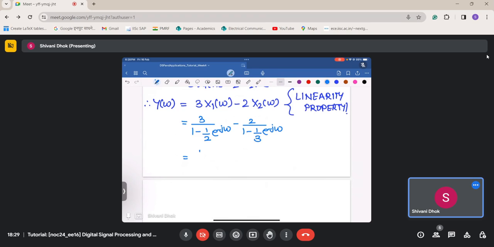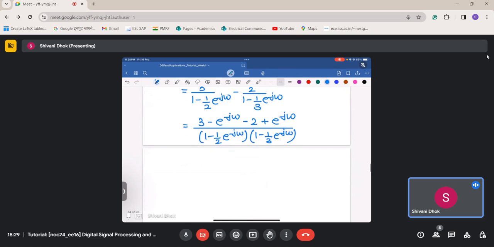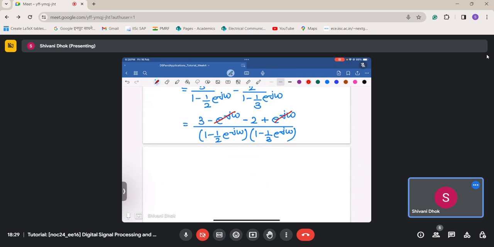This is 3 minus e power minus j omega minus 2 plus e power minus j omega upon 1 minus 1 by 2 into e power minus j omega multiplied by 1 minus 1 by 3 into e power minus j omega. So now this thing gets cancelled.